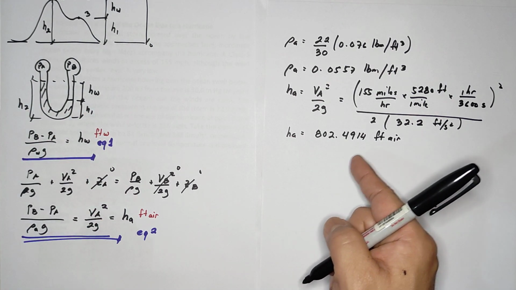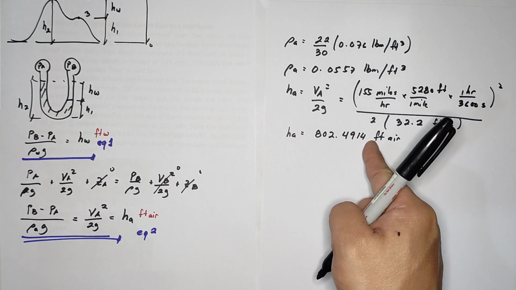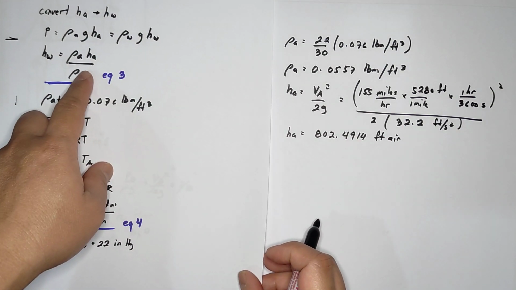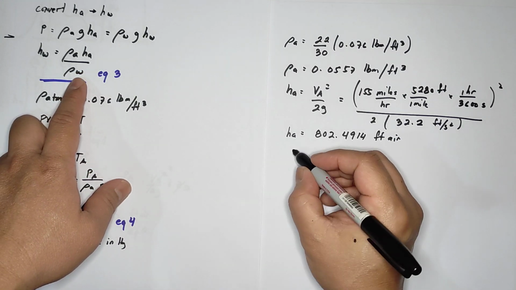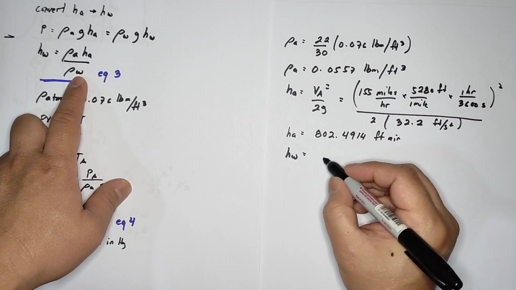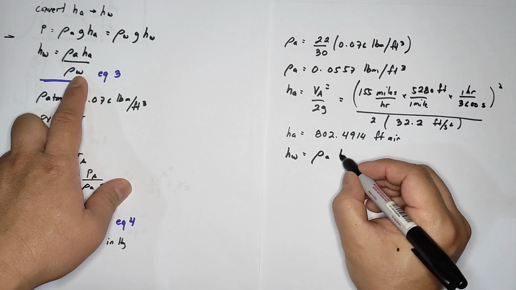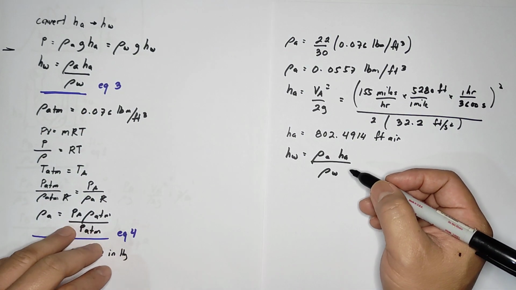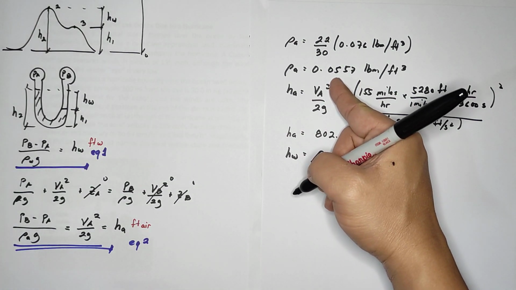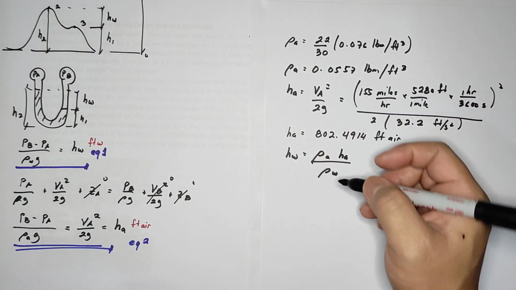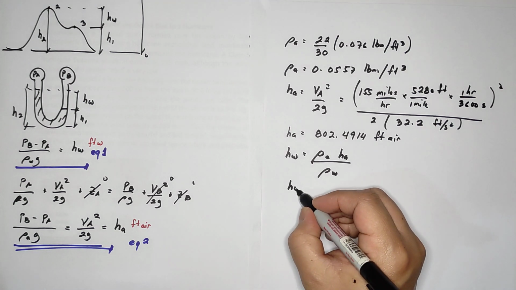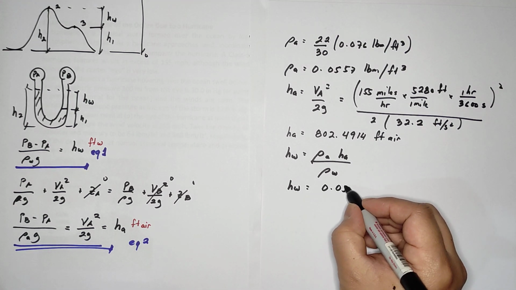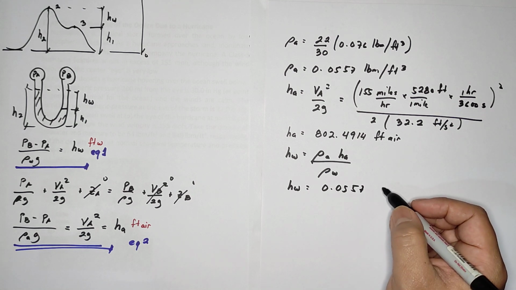So let's convert this one. A while ago, you have equation number 3, wherein you have HW, rho A, HA, then rho W. So we computed for this one. So HW now is 0.0557 times 802.4914 over 64.